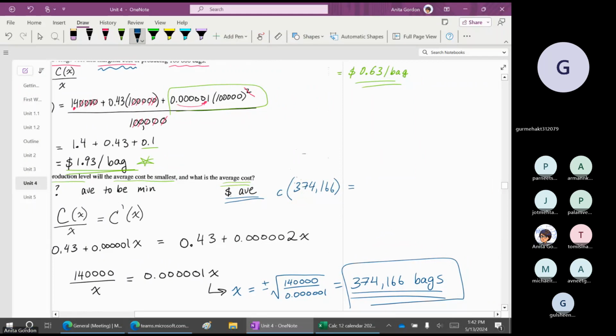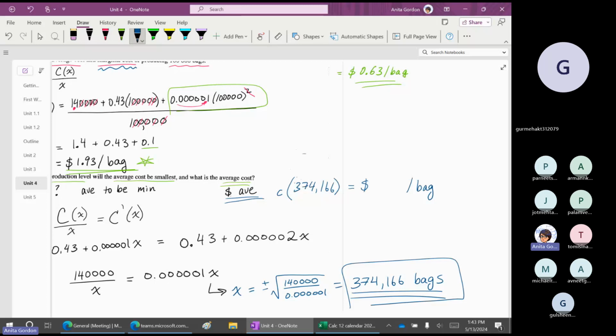What do you get? I'll start you off. Dollar sign per bag. Round it off correctly because we're working with dollars here. Make sure your brackets are in the right spot.